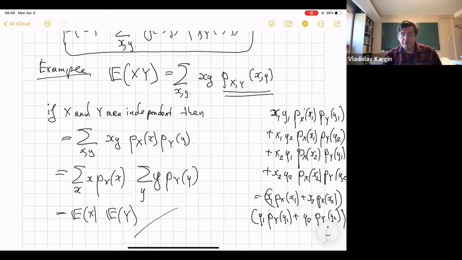So this is the proof of this theorem. The essential step was here: if they are not independent, you cannot do this step. This is a super important fact about independence.